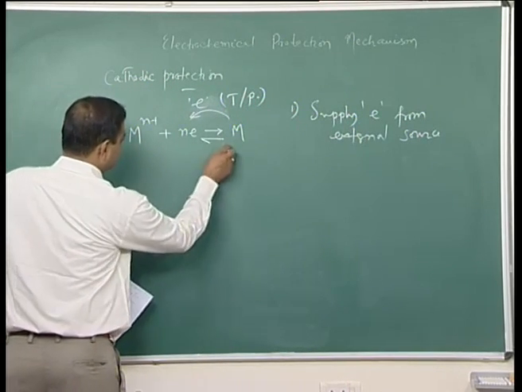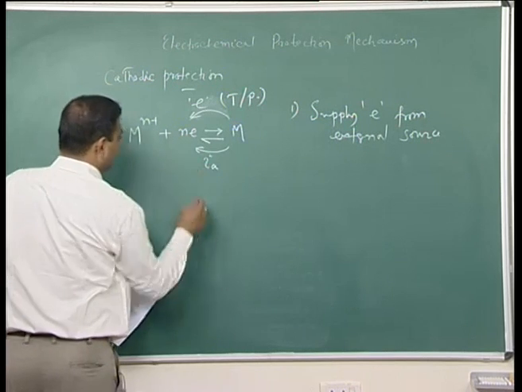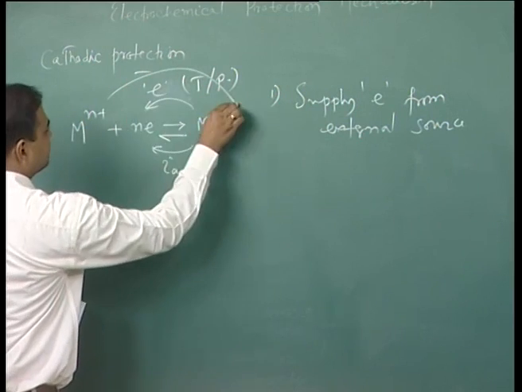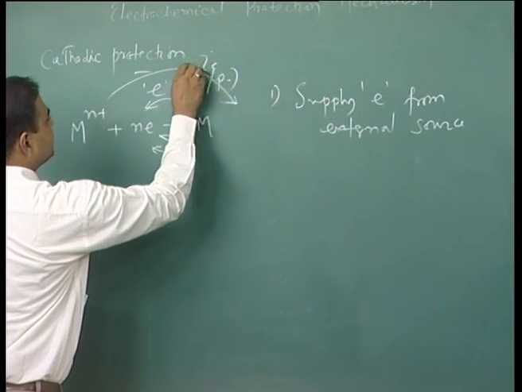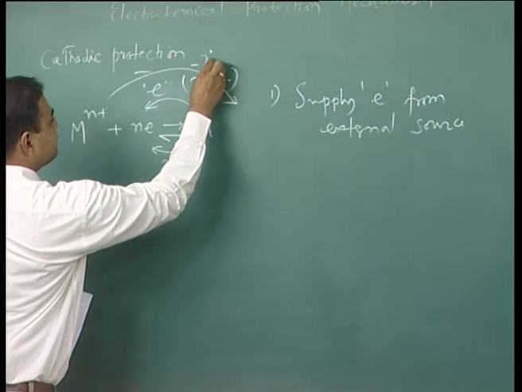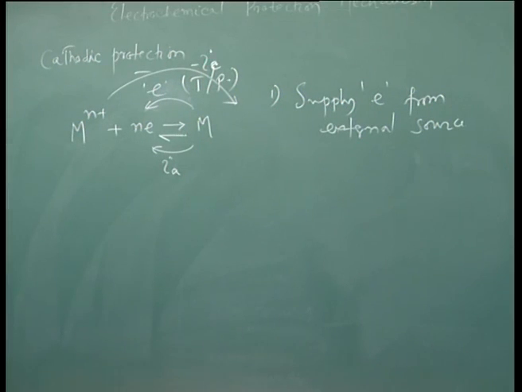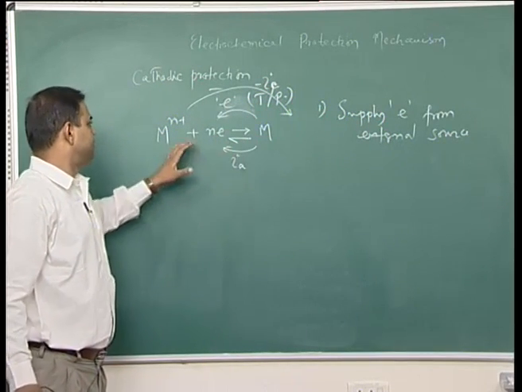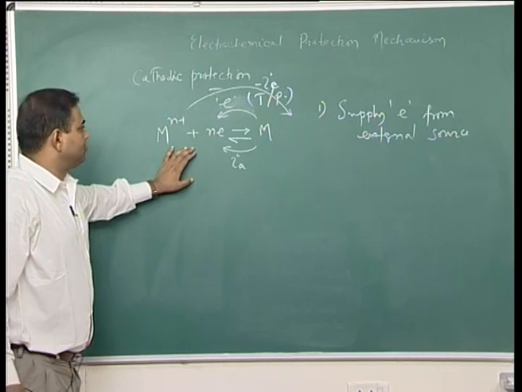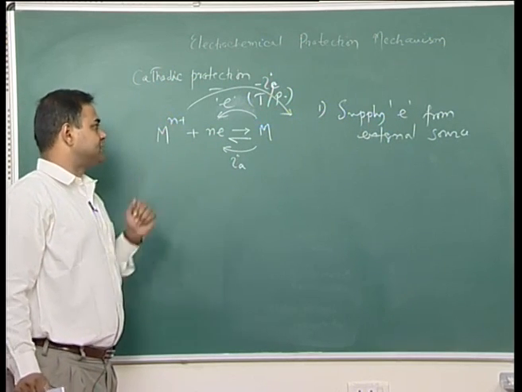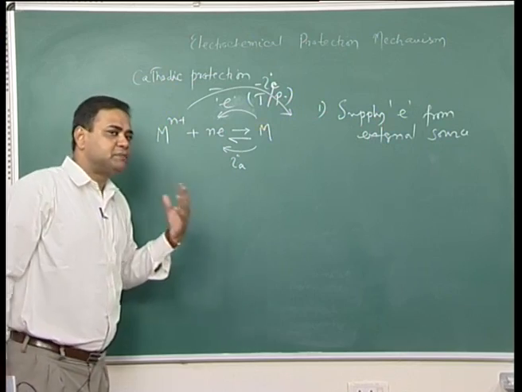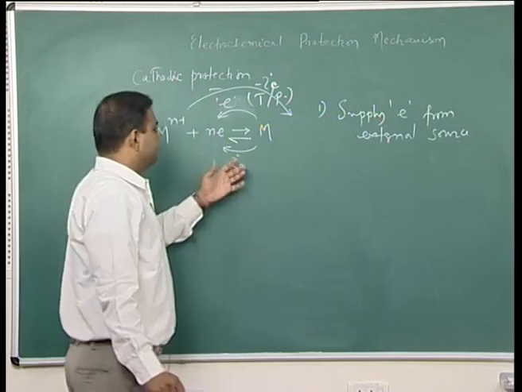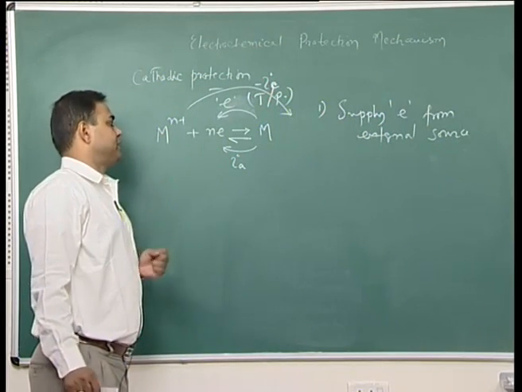Here, small i_A is the anodic current density, and this reaction is i_C. So, if we can supply negative current to this system, I will have more and more cathodic reaction, and the anodic reaction, which is nothing but the corrosion reaction, will be reduced to a great extent.